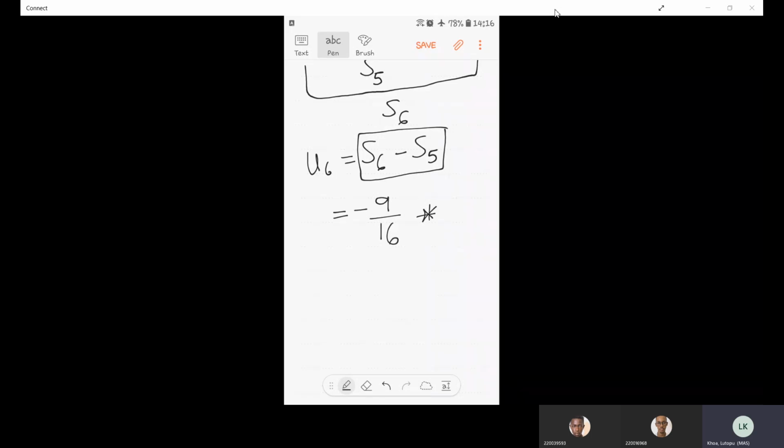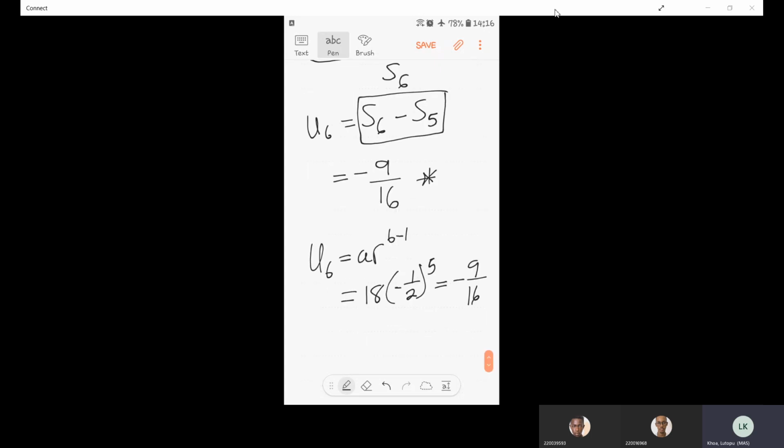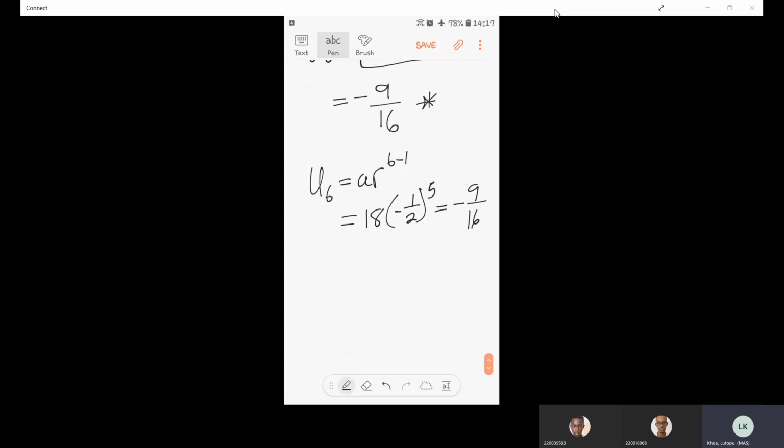Or check using the formula: U6 is equal to A R to the power of 6 minus 1. This is 18 times -1/2 to the power of 5. You will see that this is still -9/16. So doing it in either of those two ways gives you exactly the same answer.